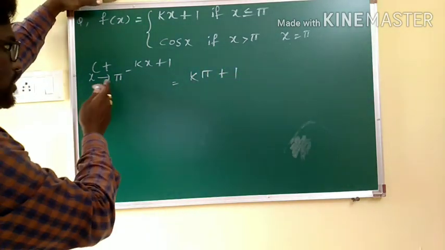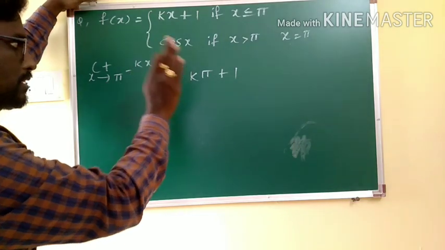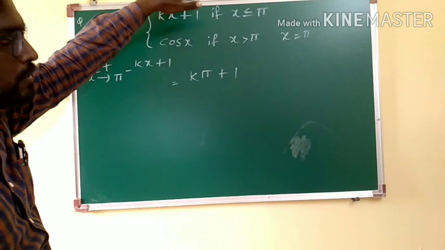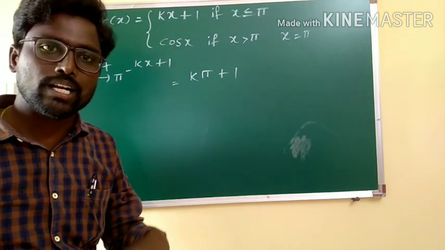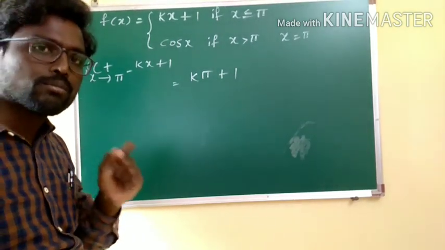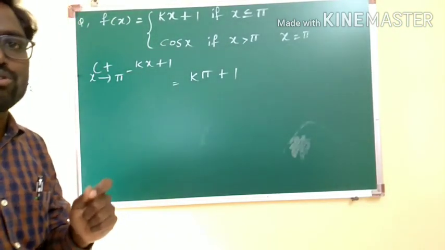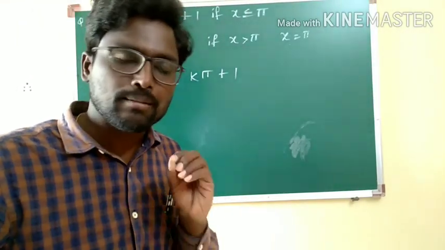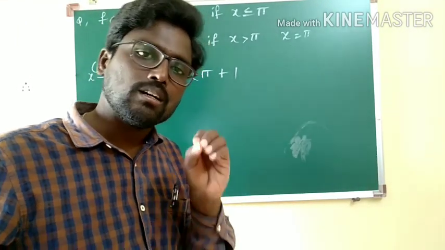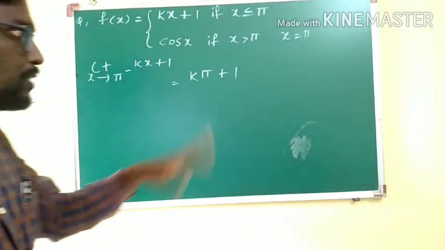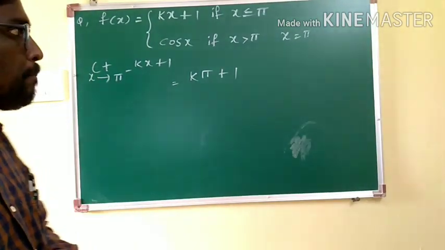Even on writing h tends to 0, pi minus h, you will get the same output, because you will be substituting h equal to 0 to get the outcome k pi plus 1. It is suggestible only when on direct substitution the limit is going to be undefined. If by direct substitution the limit is defined, you need not go for h terms. You can directly substitute either in terms of pi plus or pi minus.